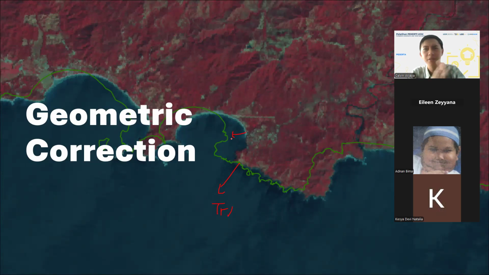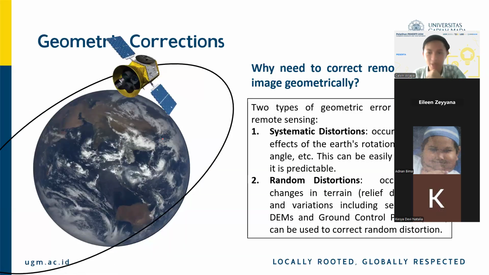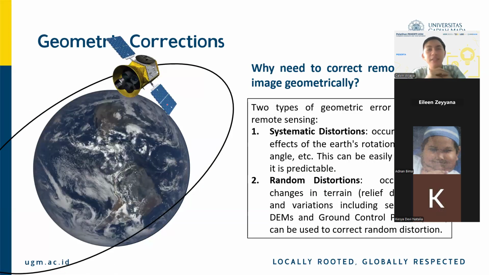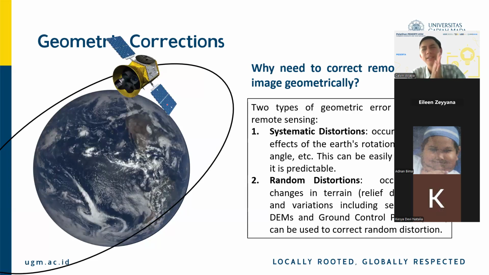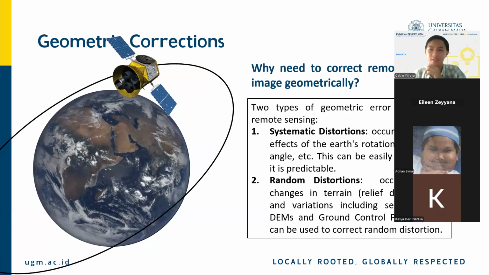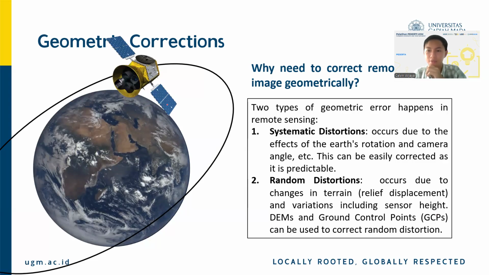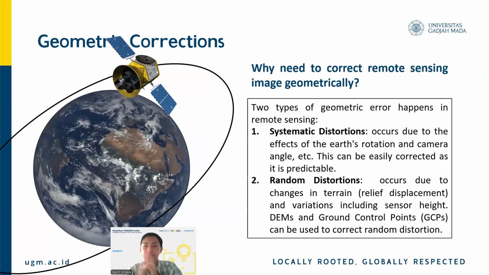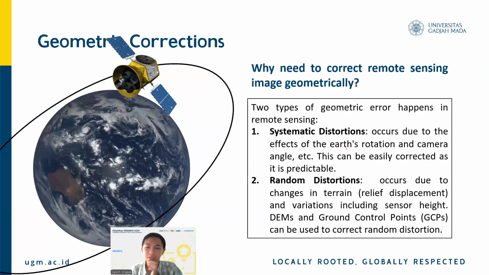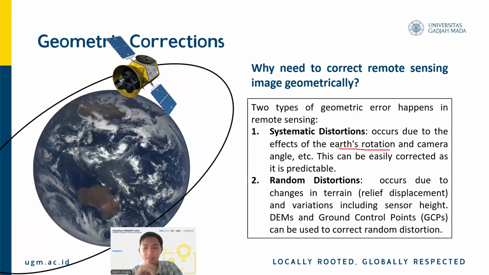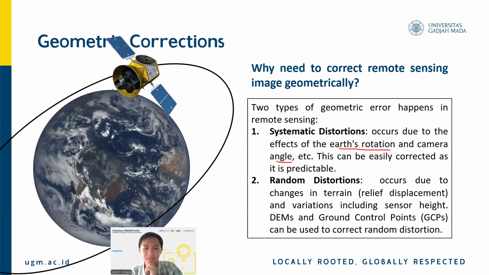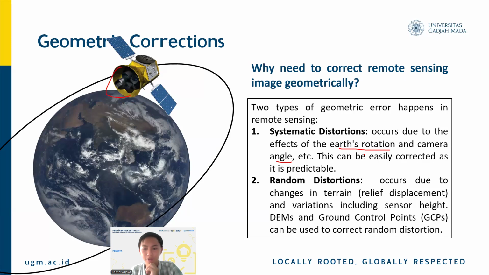So there are several sources of geometric error. I will show you the reasons why there is geometric error in remote sensing satellites. The first one is systematic distortion, because the Earth, we know, rotates on its axis, along with the camera angle of the satellites, and so on.